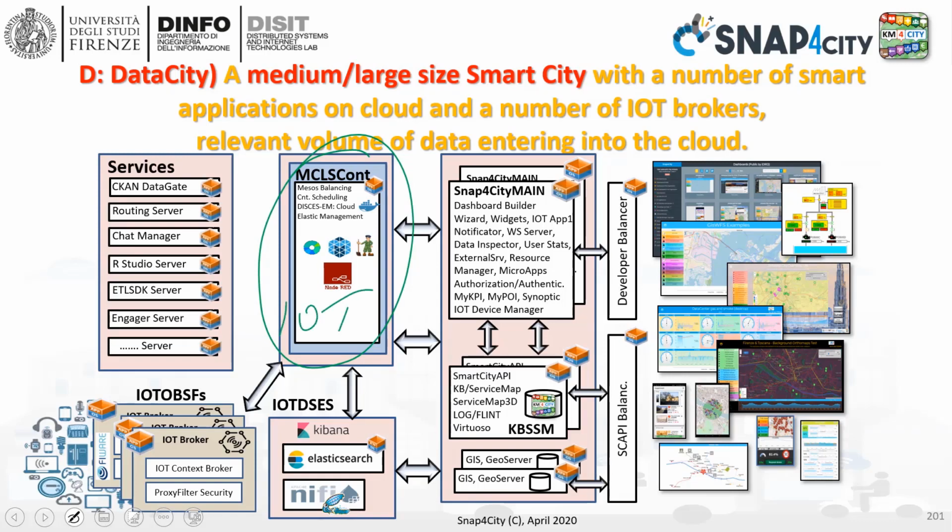Typically for each virtual machine you can add 70 IoT apps. Each of them has a large number of flows. So in most cases you don't need a higher number of IoT apps in your Smart City application.